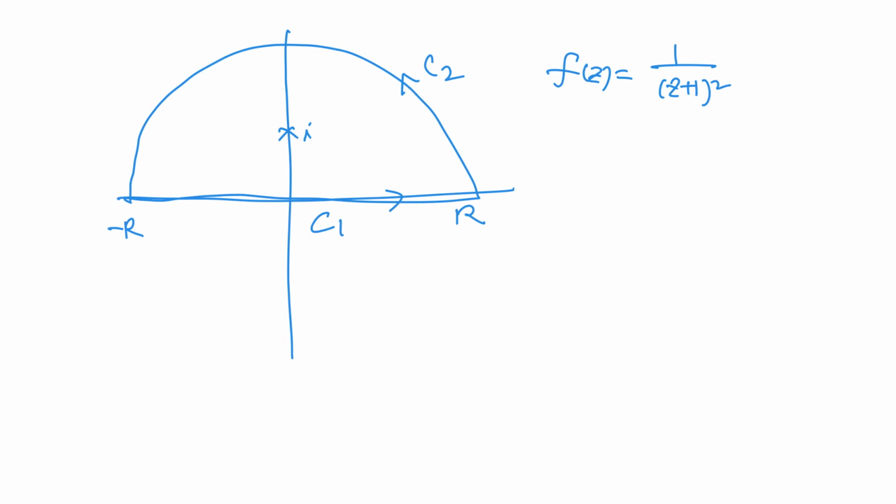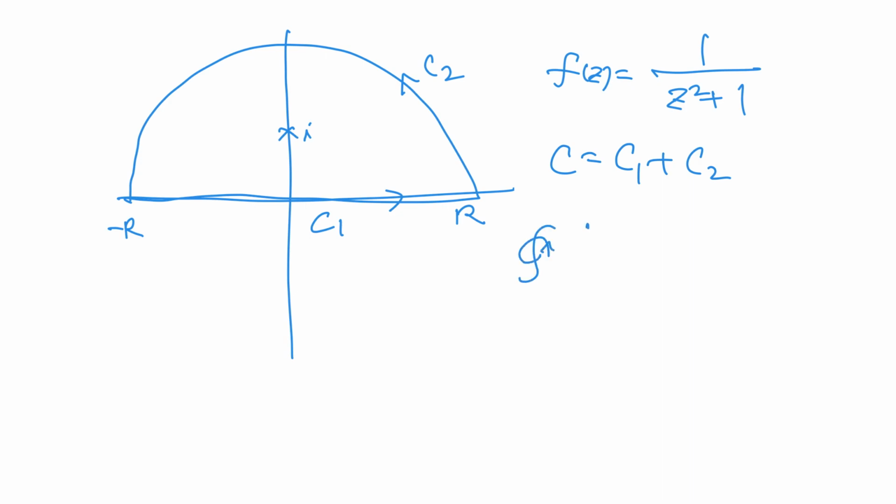We know the answer, right? If we integrate, it's just simply 2 pi i times the residue at i, right?